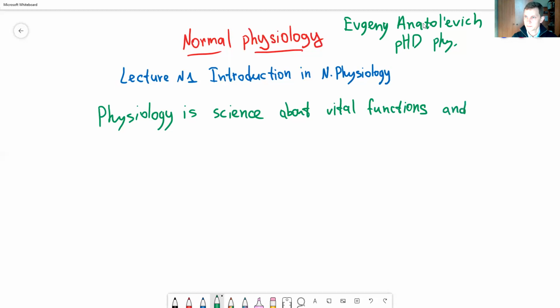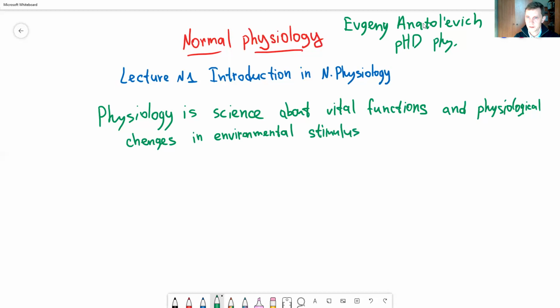About vital functions and physiological changes that happen in response to environmental stimulus.